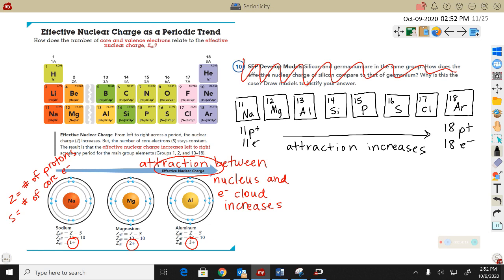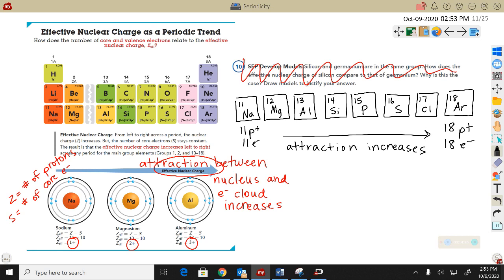Why do I care? It's going to affect the properties. At one point, somebody told me that the noble gases are non-reactive. But yeah, because if you go across the row, the noble gases have a really strong attraction between their nucleus and their electron cloud.